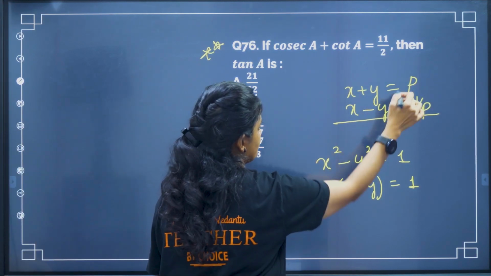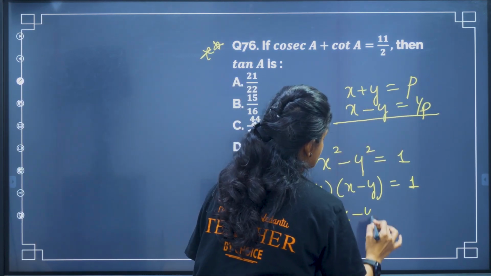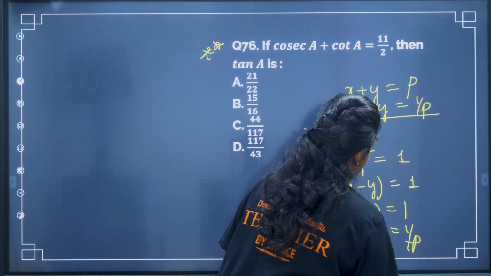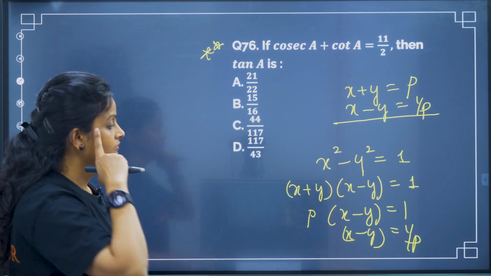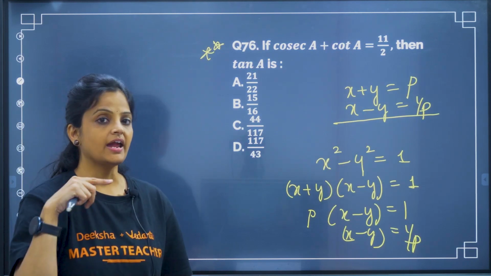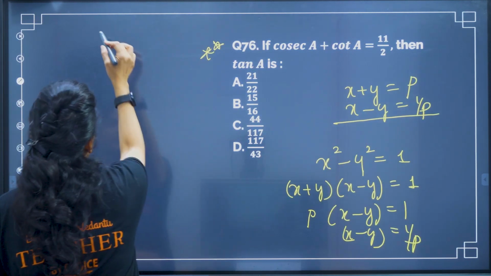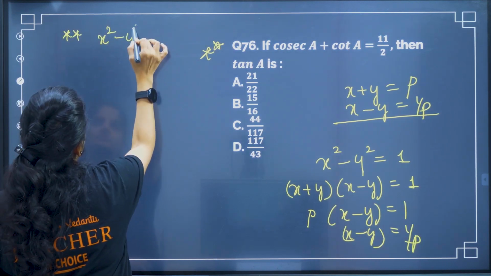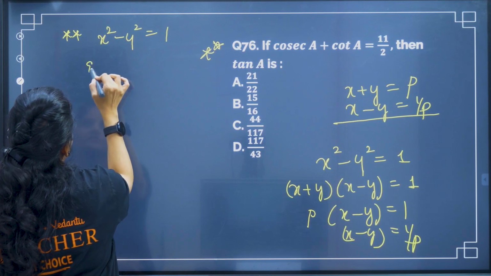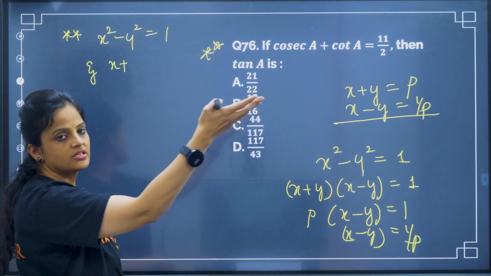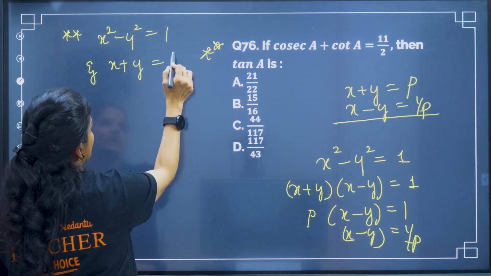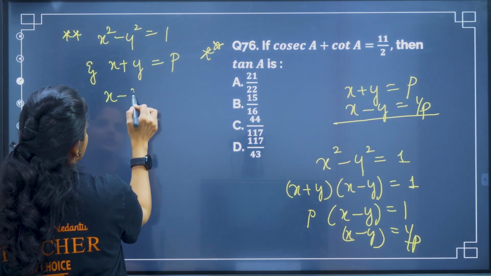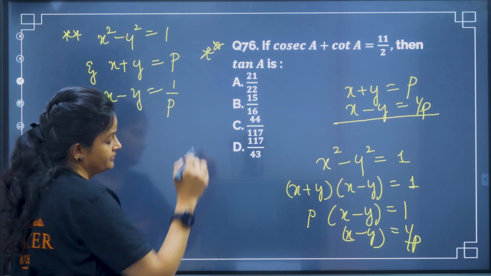See here, if I take p here, then x - y will be 1 by p. Register that here. Whenever x squared - y squared is equal to 1 and x + y or x - y, anything, is given as some number, then you can directly write x - y as 1 by p.